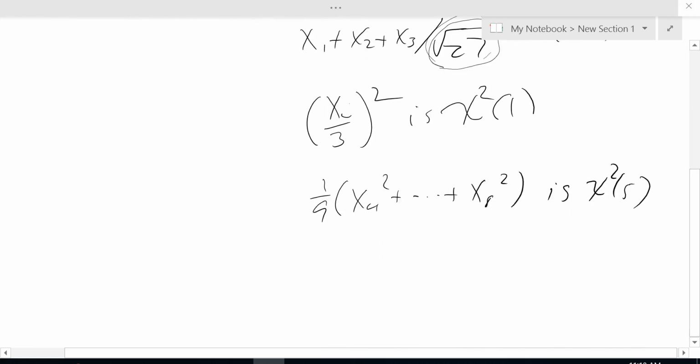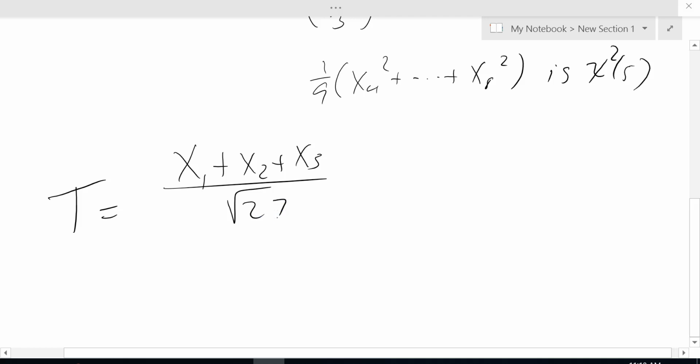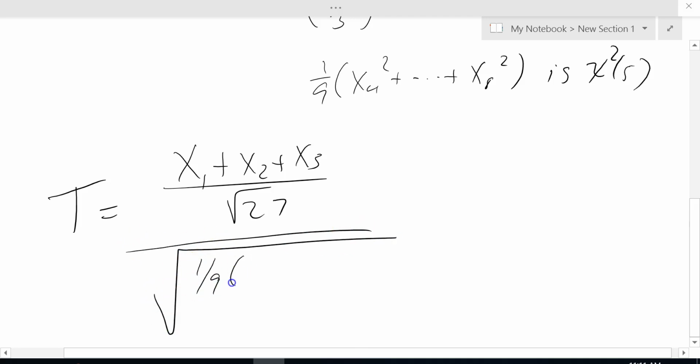So putting all this stuff together, my t has to be x1 plus x2 plus x3 over the square root of 27. That's to make it standard normal on top, right? Divided by the square root of the 1/9 times the sum of the squares.